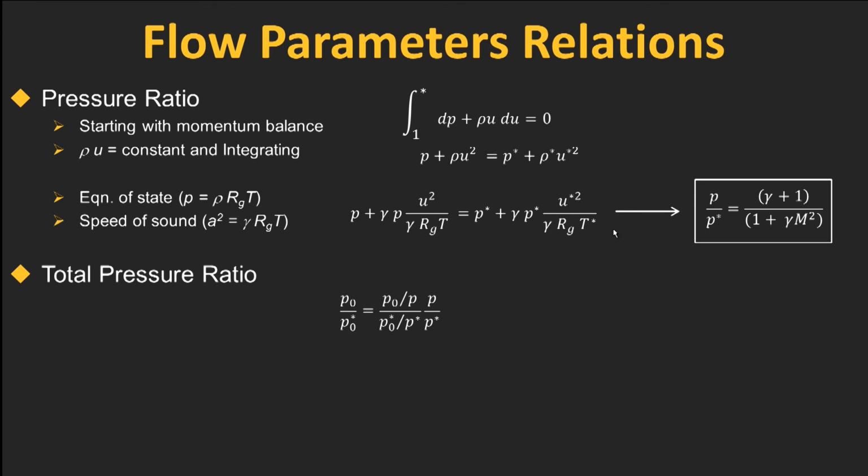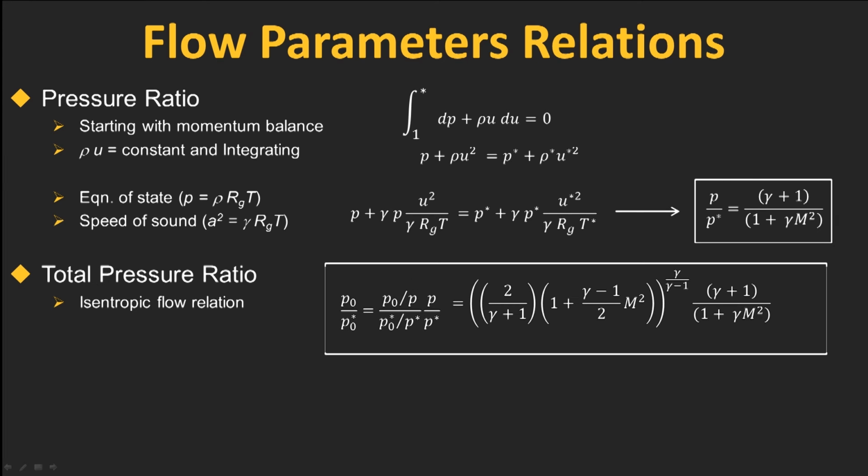Proceeding to the total pressure ratio, P naught over P naught star, we can again do an algebraic manipulation of multiplying and dividing by pressure in the numerator, multiplying and dividing by P star in the denominator, and then use expressions for P naught over P from the isentropic flow relations, and P over P star, which we just developed here, and express the whole expression of P naught over P naught star in terms of the Mach number.